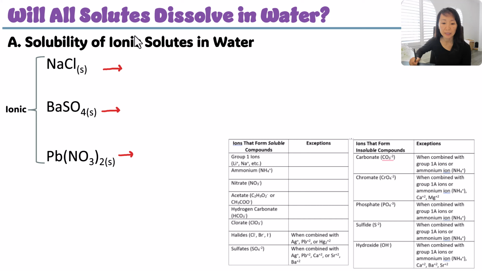So let me draw these arrows indicating that water has been added. And we know from the previous slide that sodium chloride does split off, or does go into aqueous form, or we can write this as sodium plus aqueous plus chlorine minus.